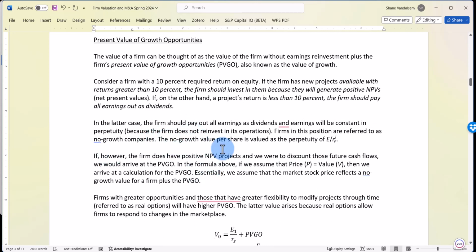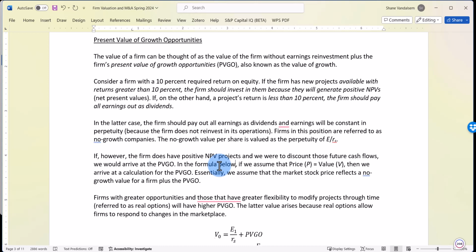If, however, the firm does have positive NPV projects, and we were to discount those future cash flows, we would arrive at the present value of growth opportunities. In the formula below, if we assume that price is equal to value, then we arrive at a calculation for the present value of growth opportunities.